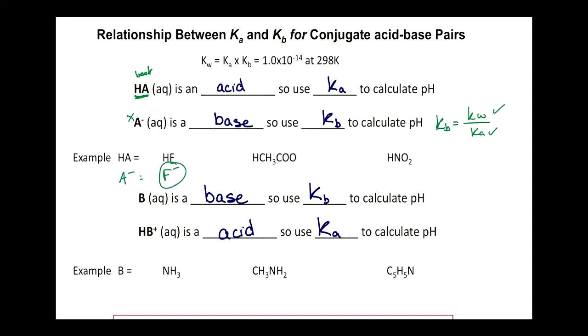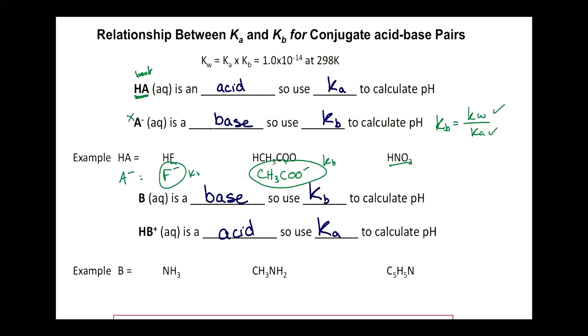If F minus is present, then you have to use Kb instead. Or here, this is acetic acid, HCH3COO. That's a weak acid. But if you put acetate, CH3COO minus, into solution, that is a weak base, so you have to use Kb.